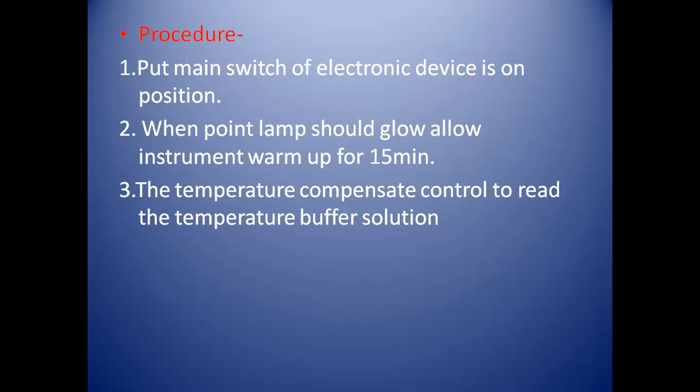Then warm up this instrument for 15 minutes. Then measure the temperature of the buffer solution used for this pH meter. Then take the sample of water, insert the rod of the pH meter into this water, and we can find out the actual value of pH in that water.